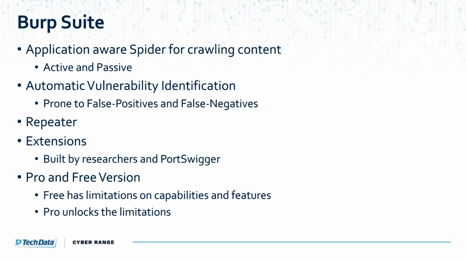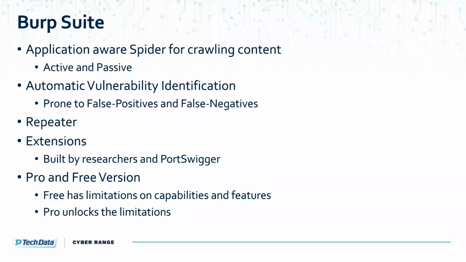It's just repeating the same request with different attributes or different characteristics over and over again to gather a response baseline. Burp Suite also has extensions. The cool thing about Burp Suite's extensions is some of those extensions are built by PortSwigger employees. There are some that are built by researchers as well.